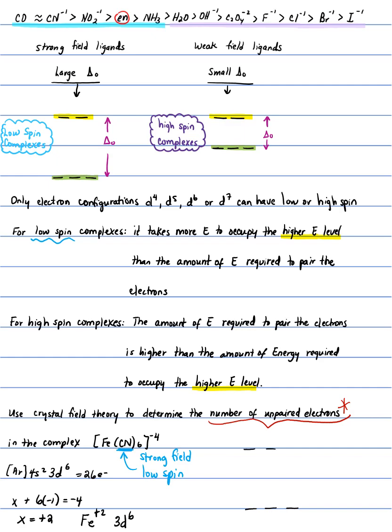It's telling you that it takes more energy to occupy the 2 orbitals that you have up here. So I'm going to start placing my electrons. It's 6 of them, right? We always start placing electrons in the lower energy level. So we have these 3d orbitals at a lower energy, these ones right here, and then we have the 2 up here.